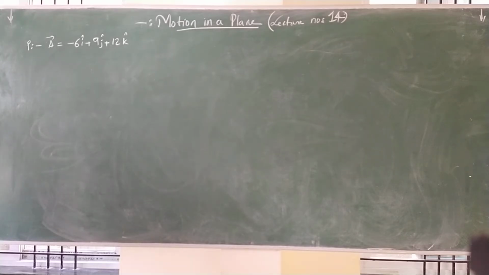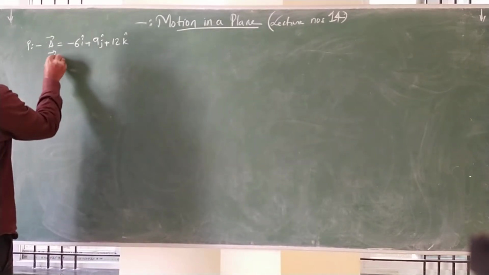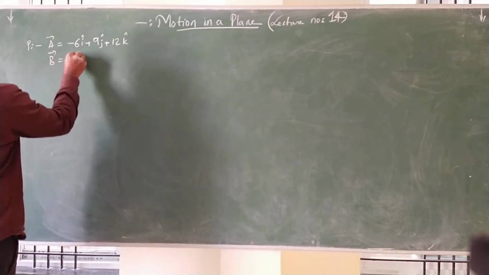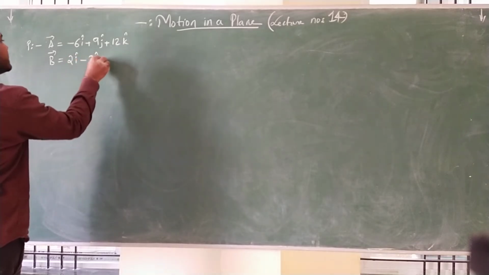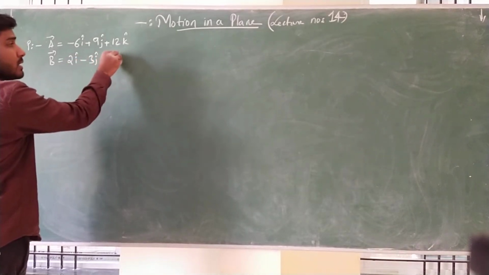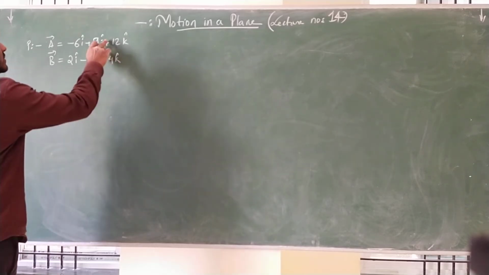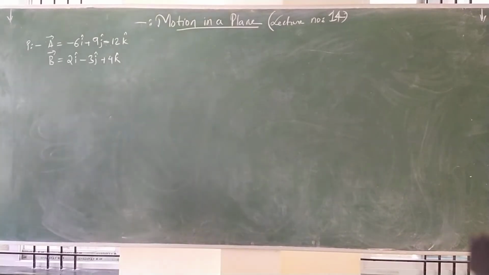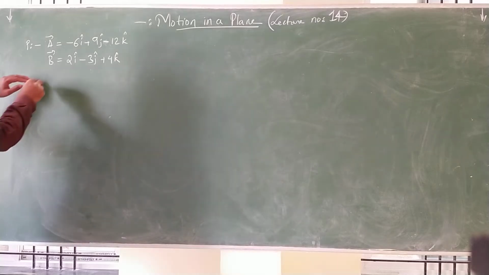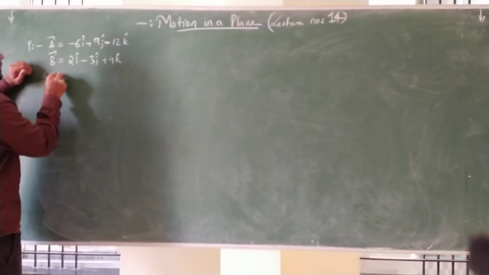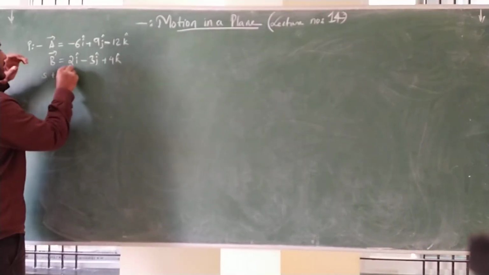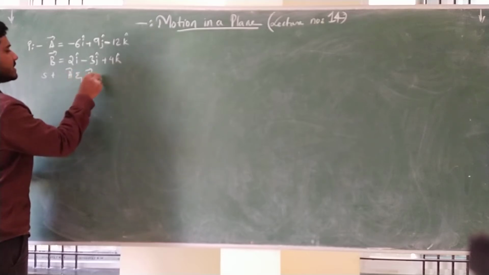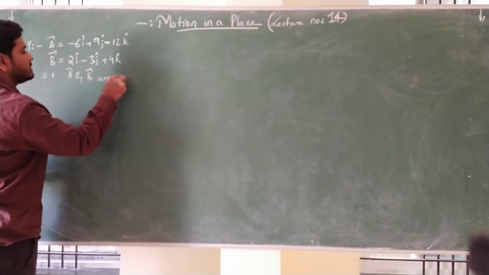Vector B is 2 i cap minus 3 j cap plus 4 k cap. Is it correct? Yes. So they are asking us to show that vector A and B are parallel.